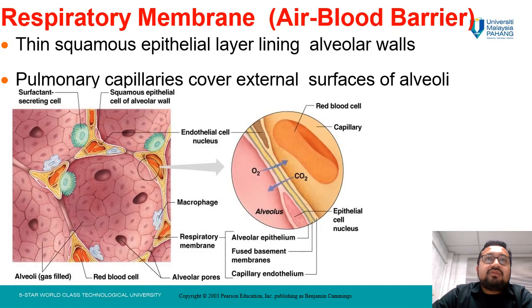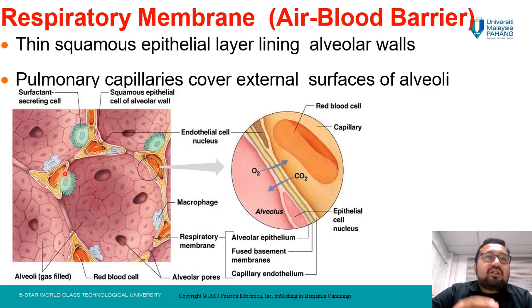Okay, alright, this is what we can see inside the alveolar sac, alveoli tu. Okay, it is a very thin squamous epithelial lining of alveolar walls. So alveolar tu dia very ada, kita panggil squamous epithelial lining lah.